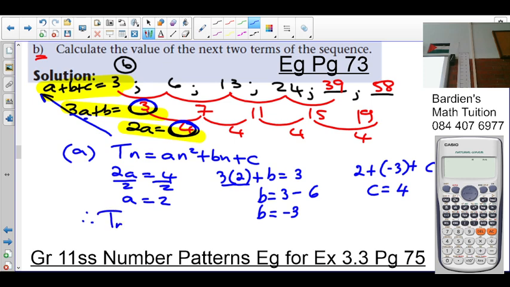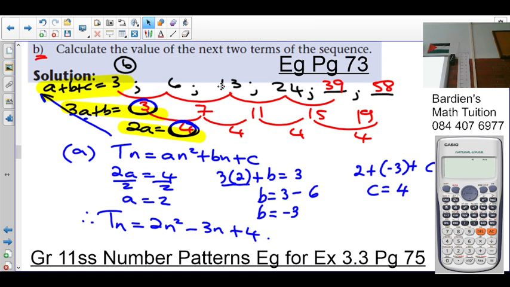Therefore, Tn is equal to 2n squared minus 3n plus 1. Now that sum is normally worth 4 marks. Okay? It will be worth testing if it's correct. If it was not correct, I can try and locate where my problem is.